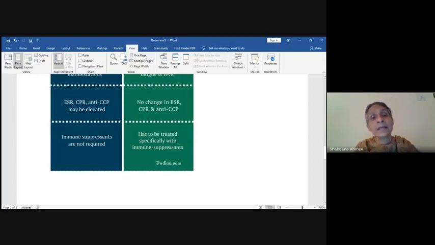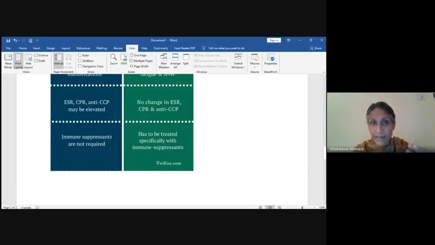Now here on the internet, in this difference they say there is no change in ESR, CRP, and anti-CCP in rheumatoid arthritis, and they say in osteoarthritis, ESR, CRP, and anti-CCP may be elevated. This is wrong. Technically, ESR, CRP, and anti-CCP are elevated in rheumatoid arthritis.